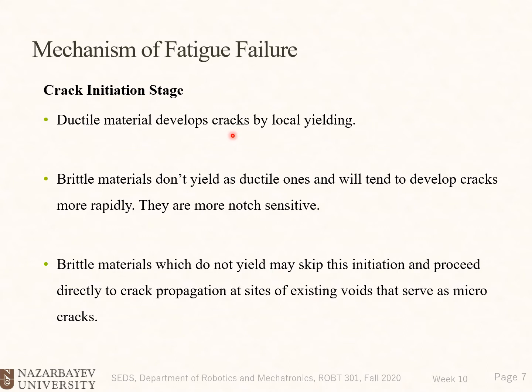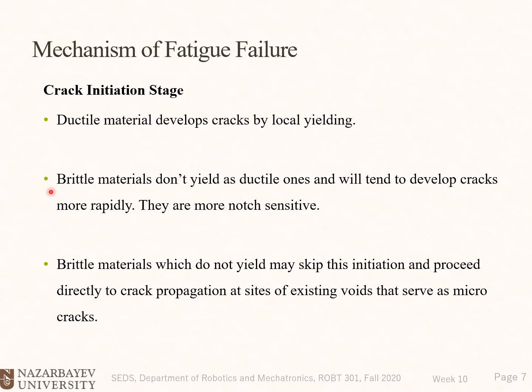Yes, there is one section of the part with the stress concentration, some notches or some displacement in the lattice of the material, and that creates some local stress concentration, and there will be a local yielding. Okay, so the stress at that point goes above the ultimate tensile strength of the material or yield strength of the material, yield strength for the ductile material.